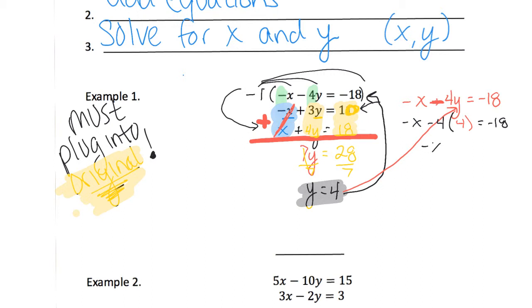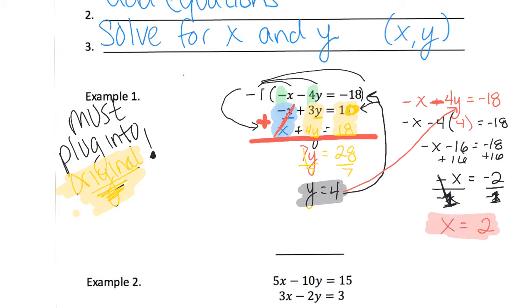So negative x minus 16 equals negative 18. Add 16, add 16. Negative x equals negative 2. Can never have a negative variable, so we divide both sides by negative 1. And we're left with x is equal to 2. So now we have y is equal to 4 and x is equal to 2, so our ordered pair is 2, comma 4.